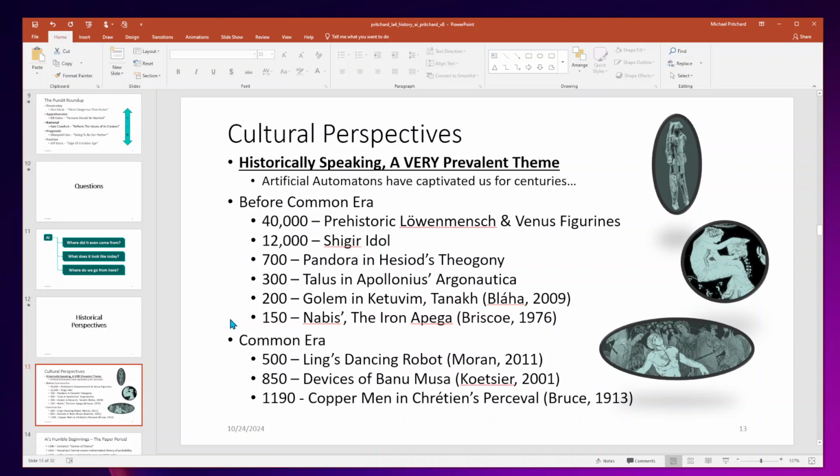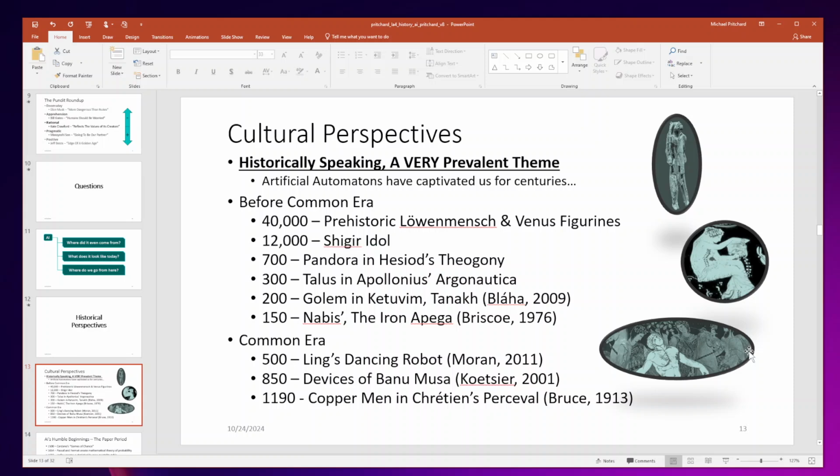The Holstein-Stadel figurine, the lion-headed, half lion, half person figurine, was carved out 40,000 years ago. And it really showed this concept of almost like a Frankensteinian thing. It doesn't exist in real life, but it's an artificial automaton.